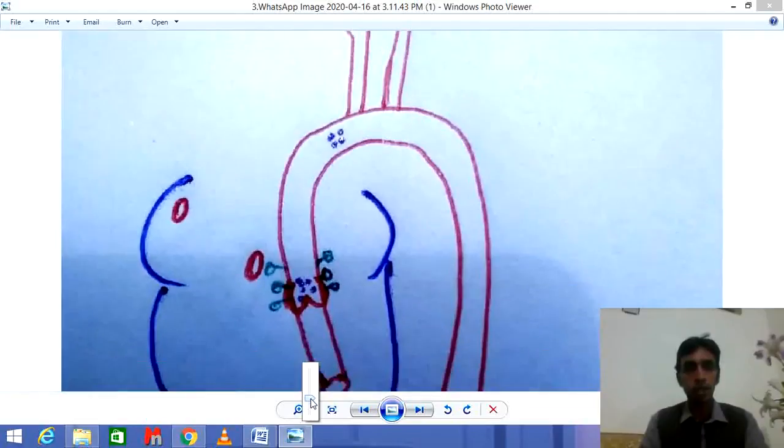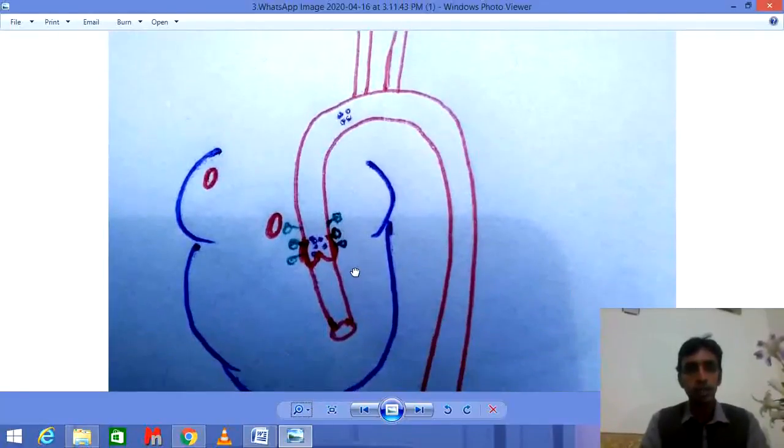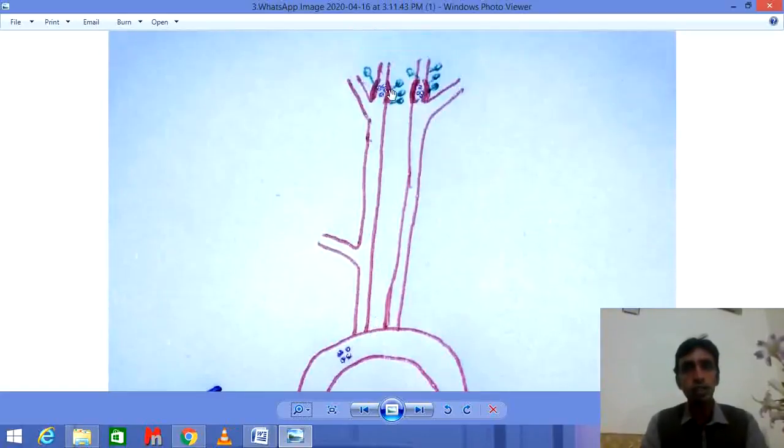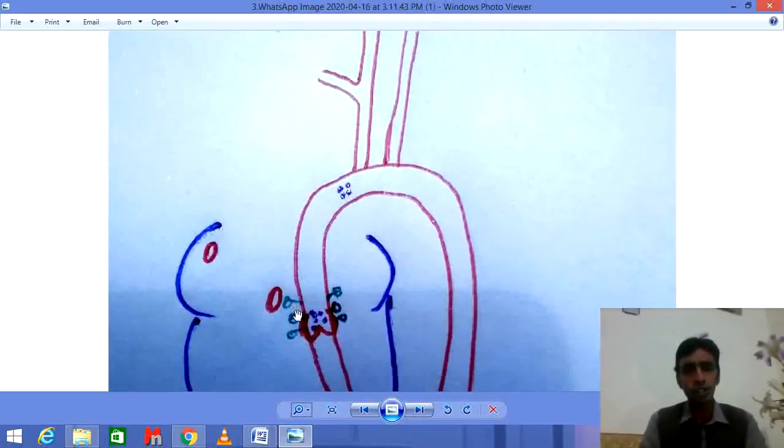Focus on this diagram now. Near the aortic sinus, you can see these receptors, the baroreceptors, but these are some bodies, represented in green color. Similarly, some bodies are present over here on the carotid sinus and aortic sinus, and also apart from the sinus.